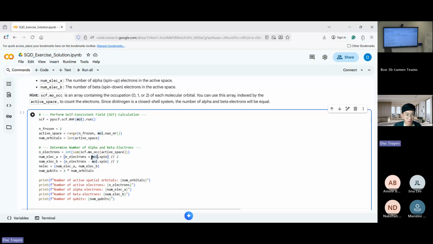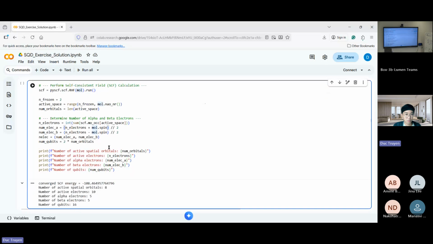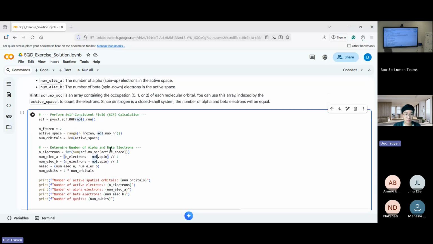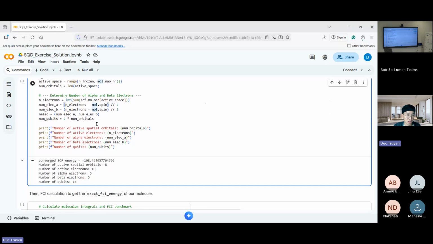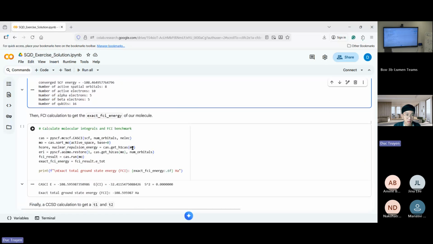But in oxygen we need to count it to get the spin up and spin down numbers. So this is an exercise about quantum chemistry, and we need this information to fit into our ansatz.